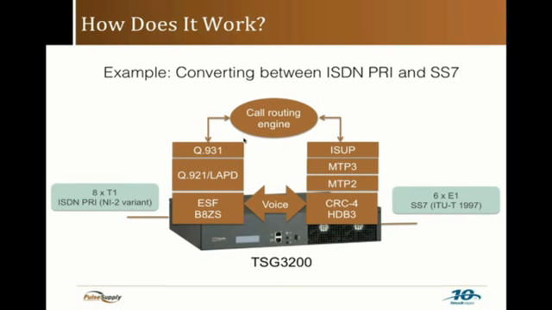And there are different variations of these protocols depending on which country or which region the network is located in. And finally, the signaling converter implements a call routing engine, which takes call routing decisions on incoming calls and places outgoing calls on the other network.